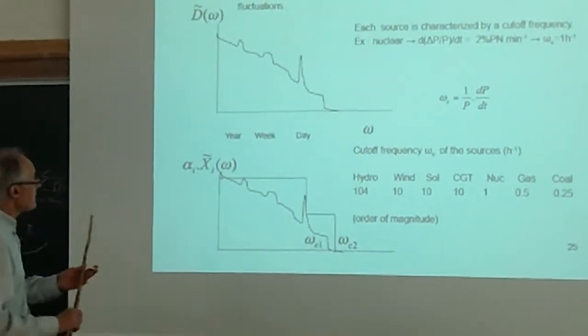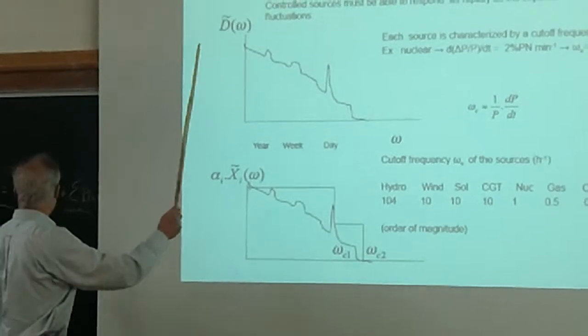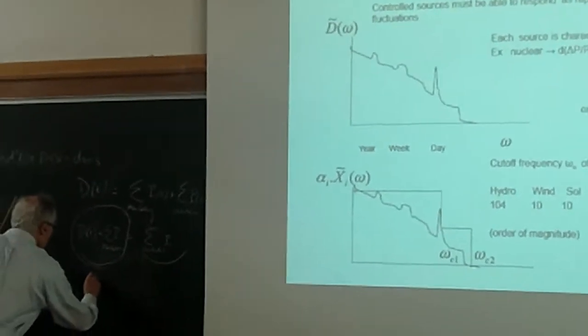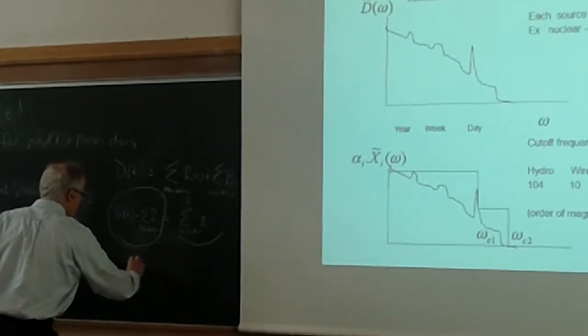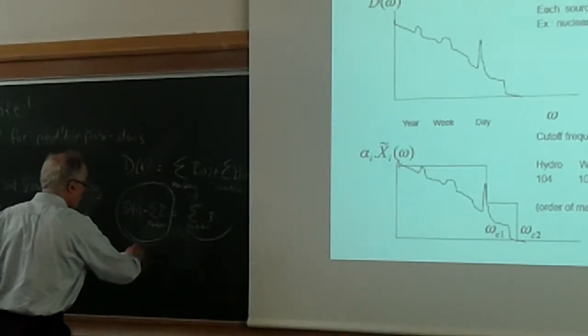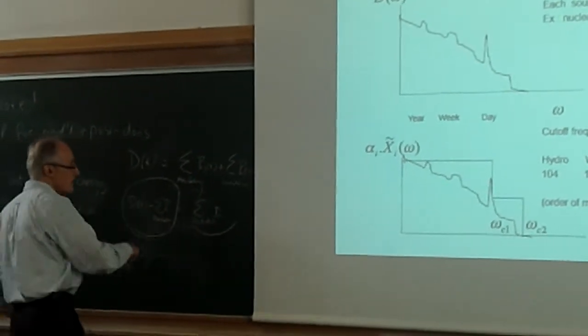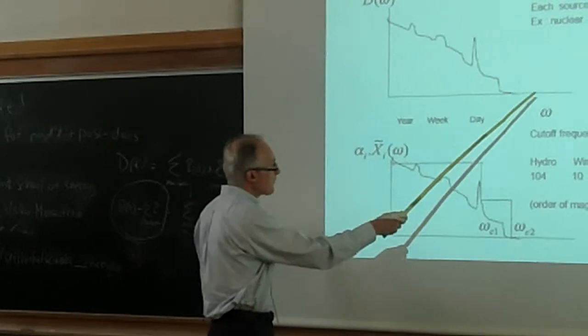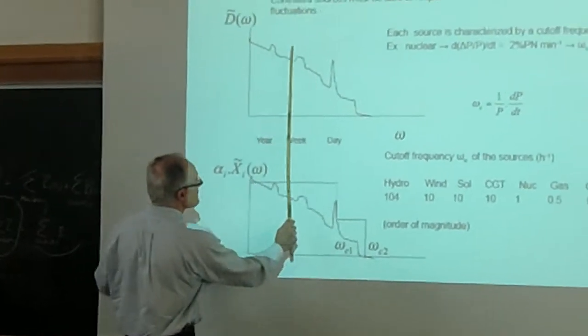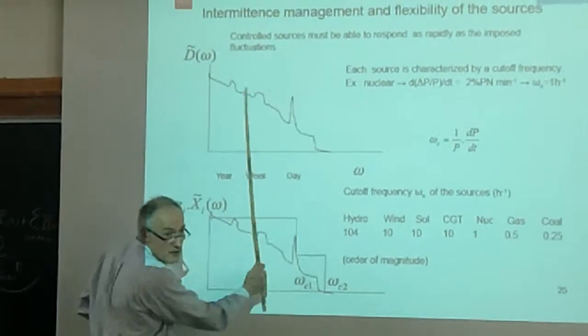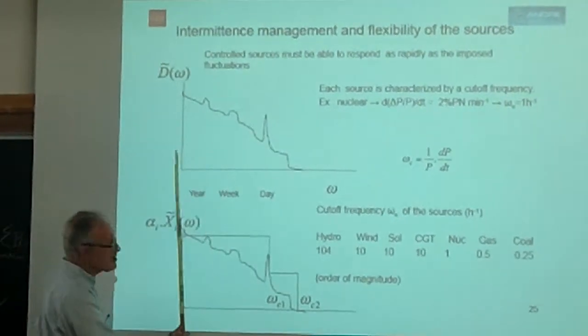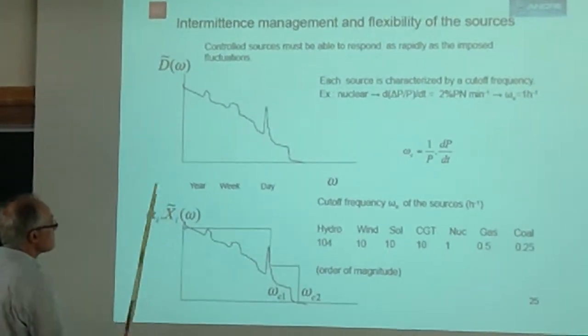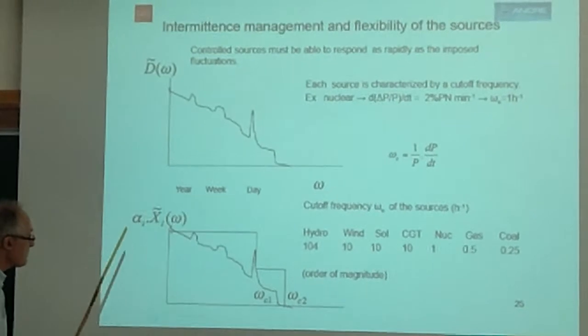And the idea is that these fluctuations here, the imposed fluctuation of this power, defined like this, have a spectrum like this. We expect to have peaks at the daily frequency, at the weekly frequency, maybe at the seasonal or yearly frequency.